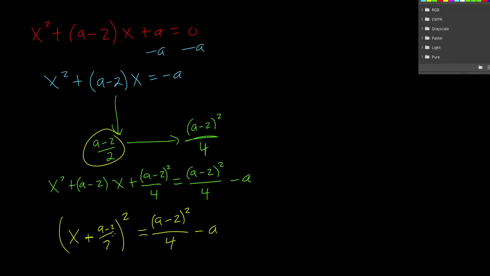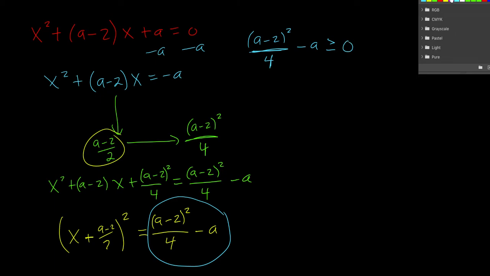And since we only care about real numbers, we know that this is something squared, so it has to be positive. And we're going to say that this has to be positive. And so we write it like that.